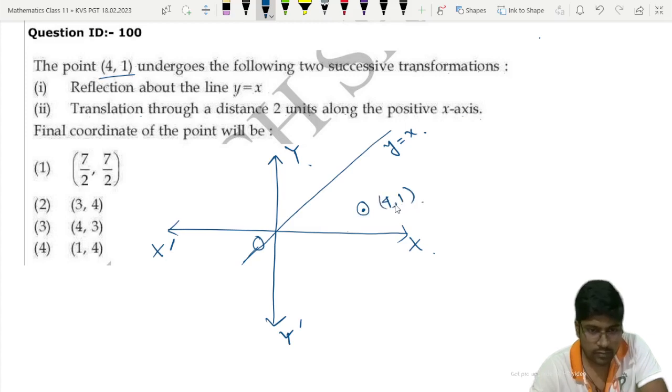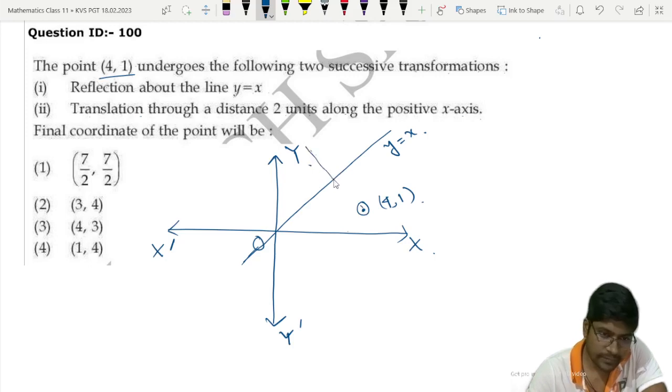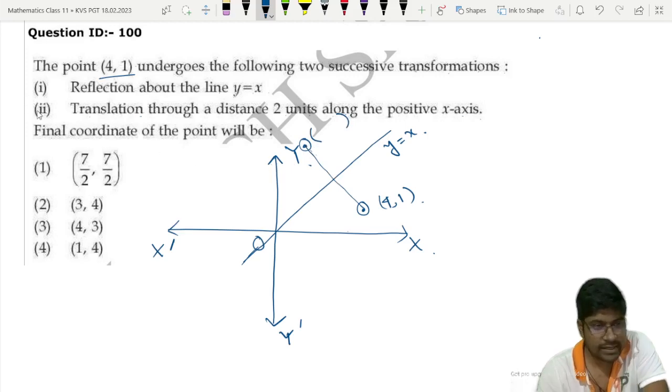So what successive transformations are we doing? First, reflection about the line y is equal to x. So it will come here. This coordinate we have to find first. Then in the second transformation, translation through a distance of 2 units along the positive x-axis.